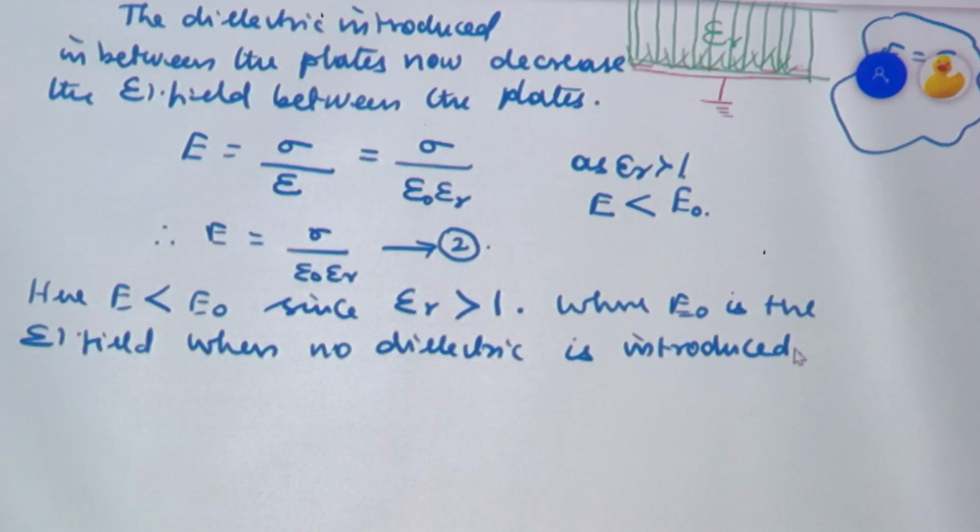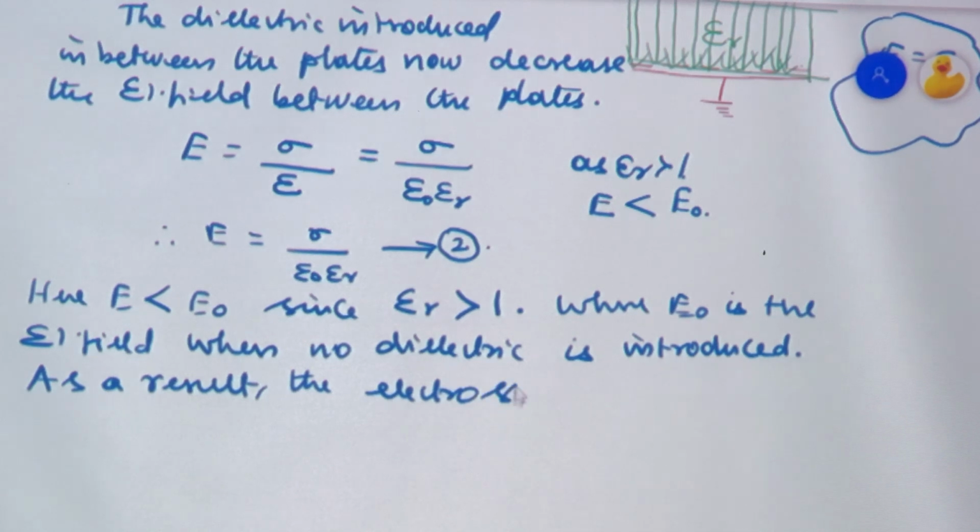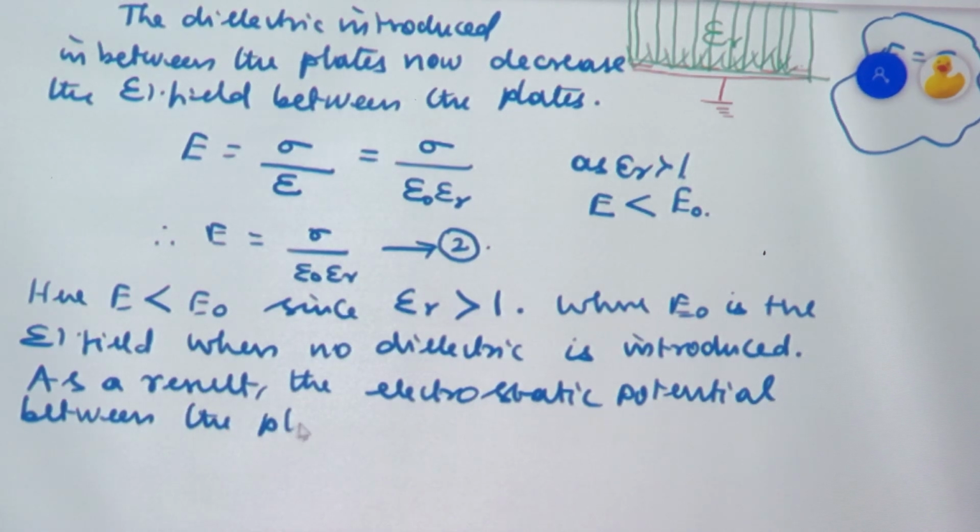Okay. When there is a decrease in electrical field, what will happen to the electrostatic potential between the plates? Potential also decreases, since electrical field E is equal to V by d, so V is equal to E into d. So what will happen as a result? As a result of the reduction in the electrical field, the electrostatic potential between the plates also decreases.